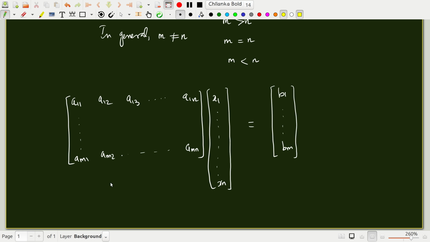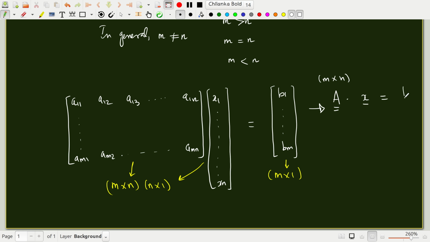This is an m by n matrix, whereas this is an n by 1 column vector, giving rise to an m by 1 column vector. These are the coefficients. So you can write the same information in a more compact manner as the m by n matrix A multiplying the vector x, giving rise to b, where x is an n by 1 column vector, whereas b is an m by 1 column vector.